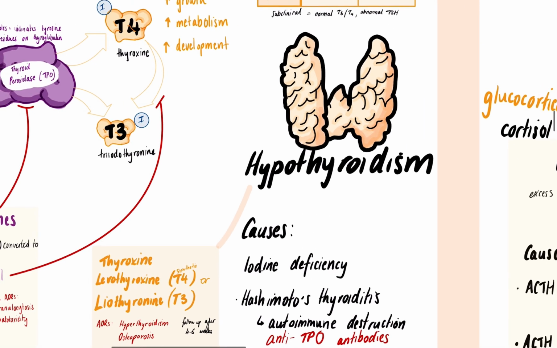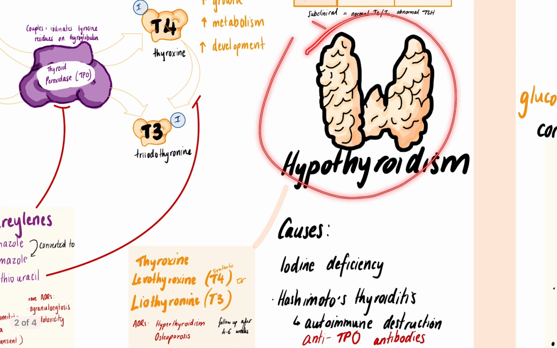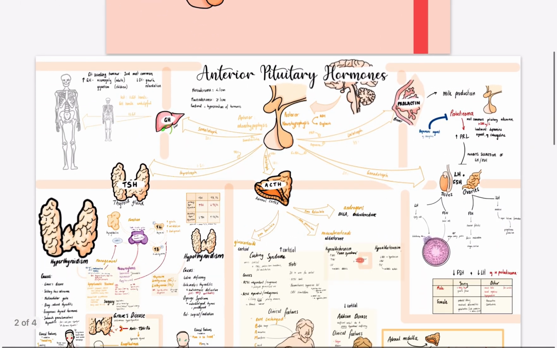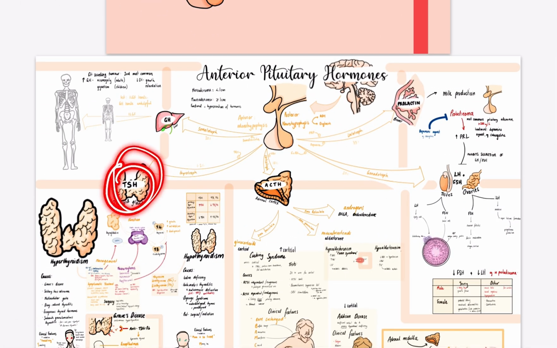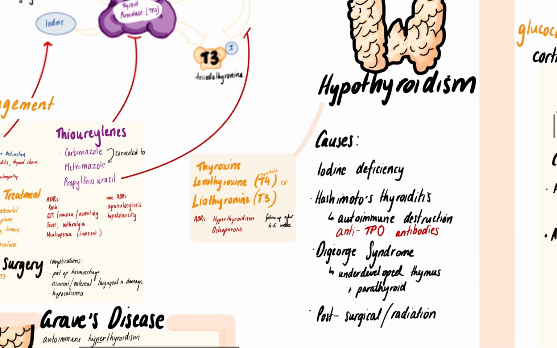We're going to move on to what hypothyroidism manifests as. So, in case you guessed it, hypothyroidism results in decreased levels of T4 and T3. And this can be due to a problem with the thyroid itself, or it can be due to the reduced production of TSH from the anterior pituitary. So, causes include iodine deficiency, because if you don't get iodine, you can't form T3 and T4.